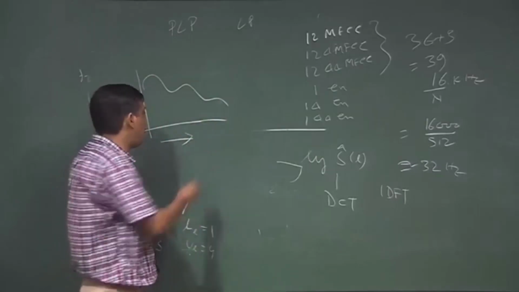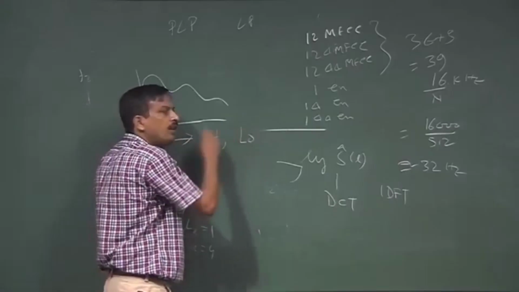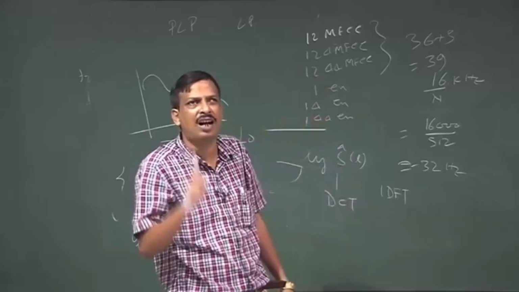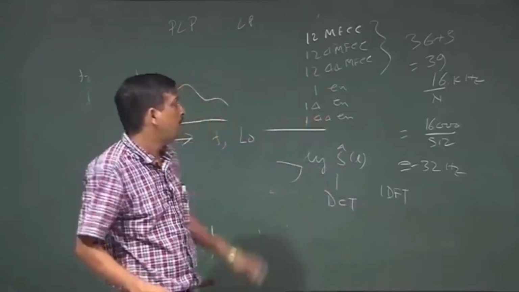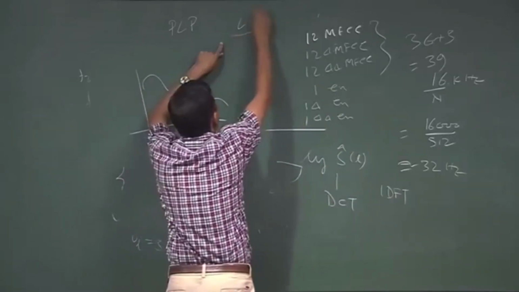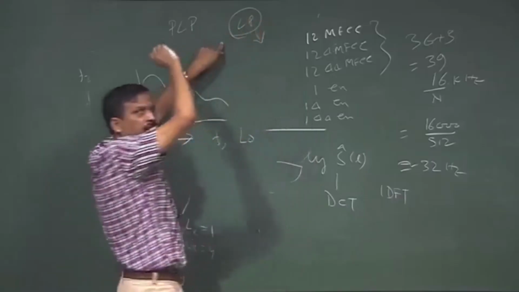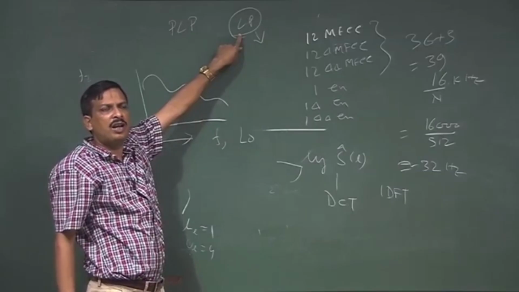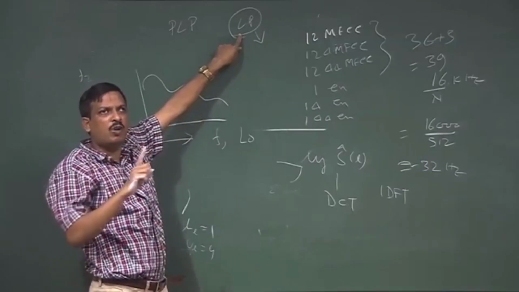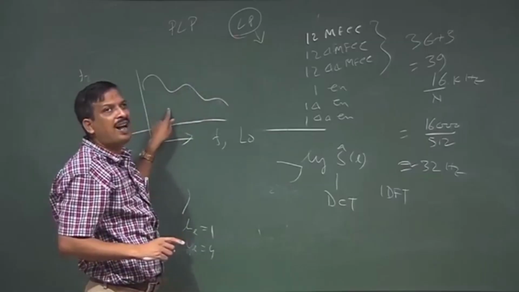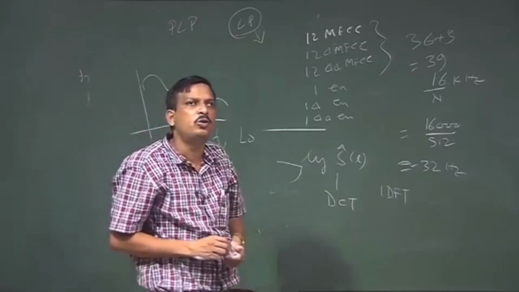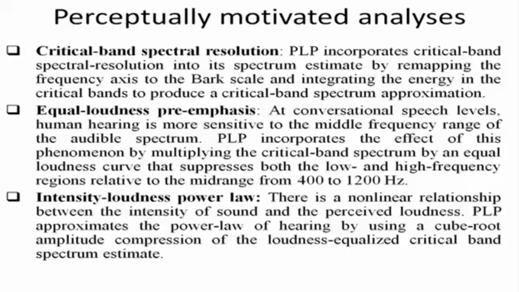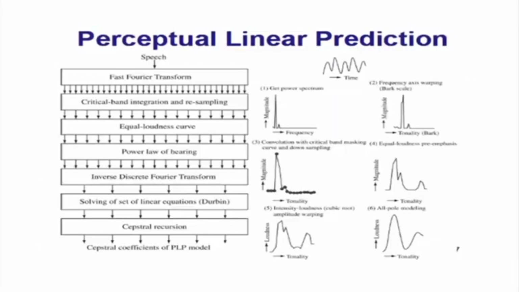Humans have two: perception of frequency and perception of loudness. We do not perceive all frequencies as equally loud, because the LPC coefficient analysis is amplitude dependent, it is a time domain analysis. So, across the frequency, if I want to normalize it, I normalize the frequency parameters with respect to human perception. If you see the block diagram, I am not discussing the details, the slides are there.